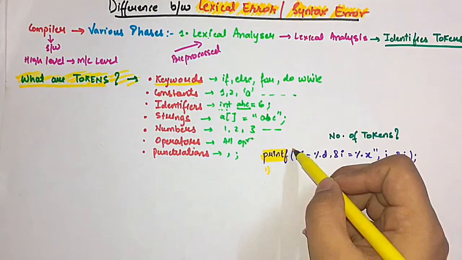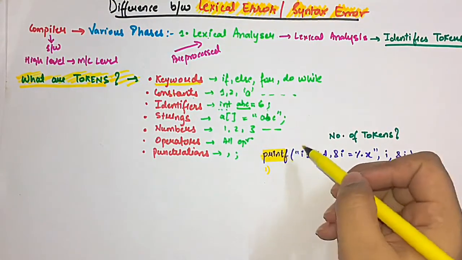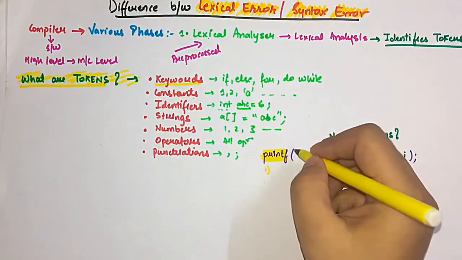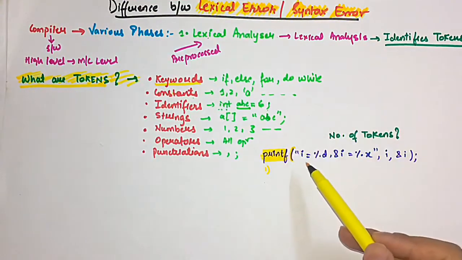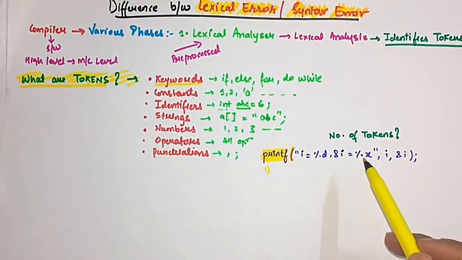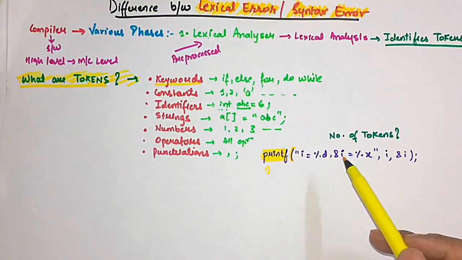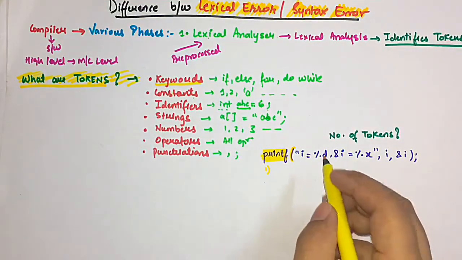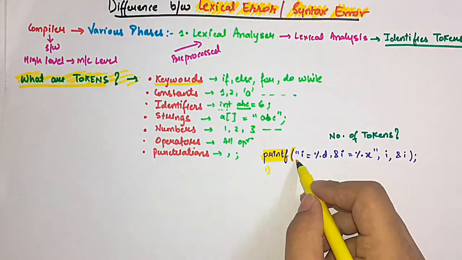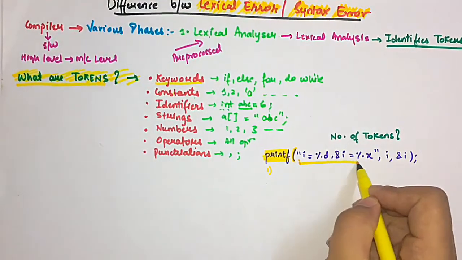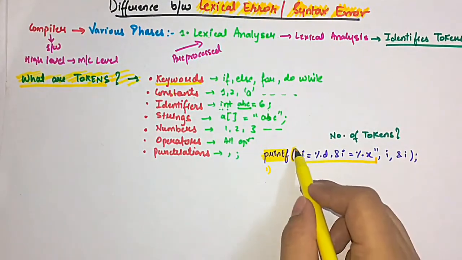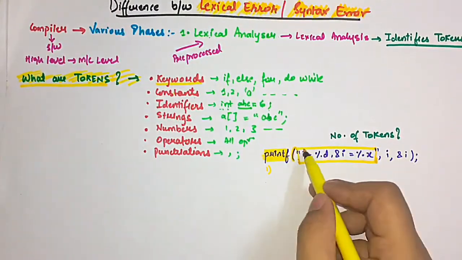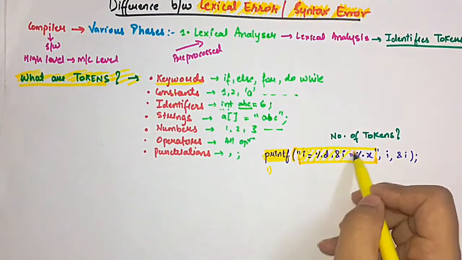After this, a bracket comes. Now what is a bracket? It's an operator, so this will be the second token. Now the very tricky thing which most of the students just learn but don't understand the concept behind. In printf, from double quotes to double quotes, this whole part is considered as one token only. Why do we do so?